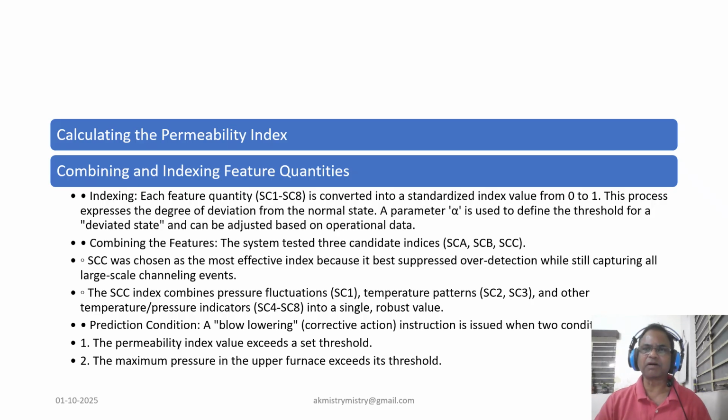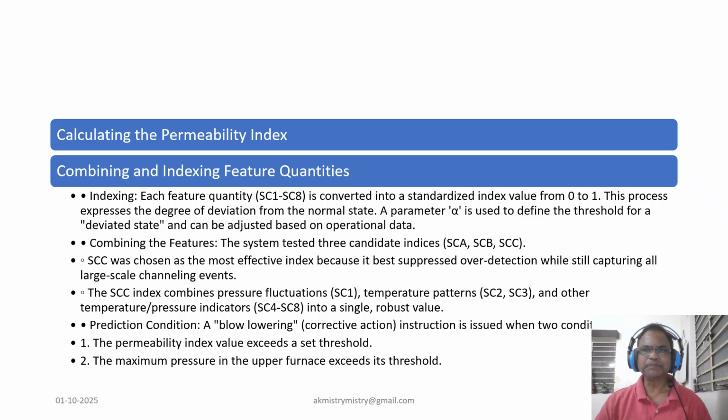A parameter alpha is used to define the threshold for a deviated state and can be adjusted based on operational data. The system tested three candidate indices: SCA, SCB, SCC. SCC was chosen as the most effective index because it best suppressed over-detection while still capturing all large scale channeling events.